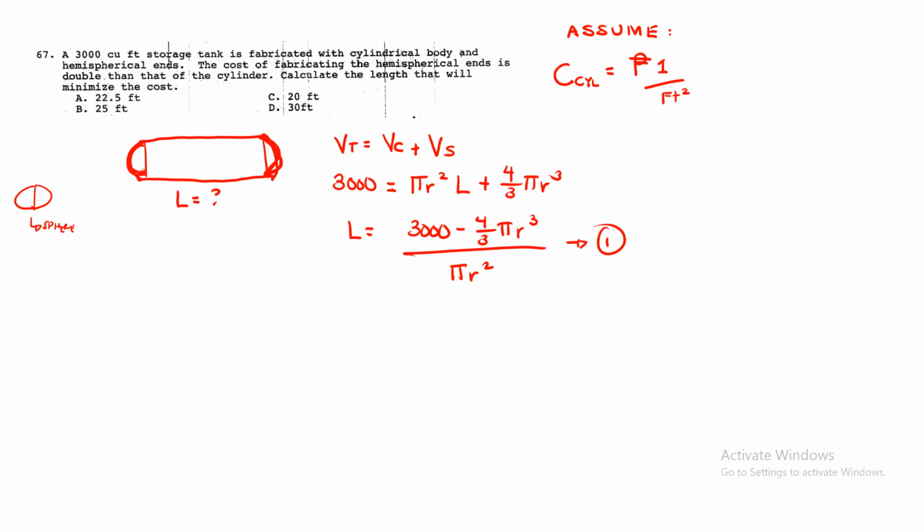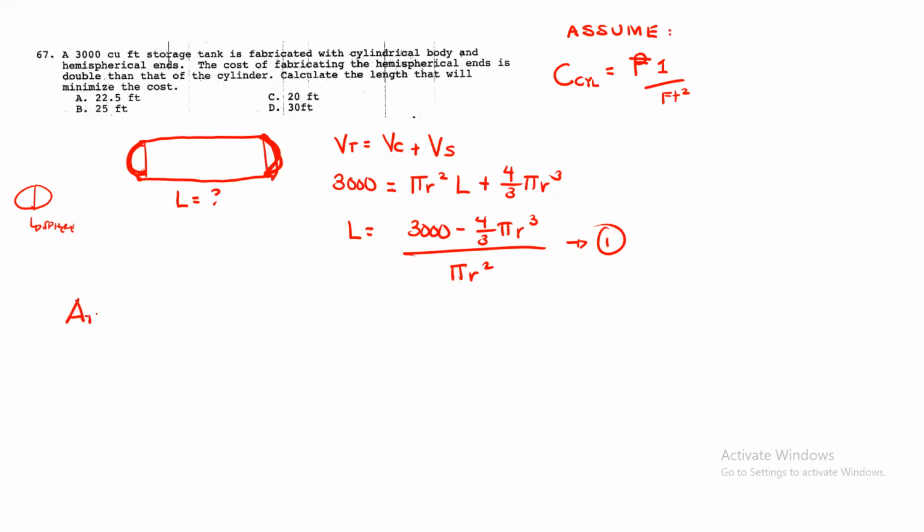So, kapag bumibili tayo ng materials, nakabase yan sa feet squared nung material na bibilihin natin. So, para makuha natin yung total cost, yung formula, yung equation ng cost, syempre dun muna tayo sa surface area.